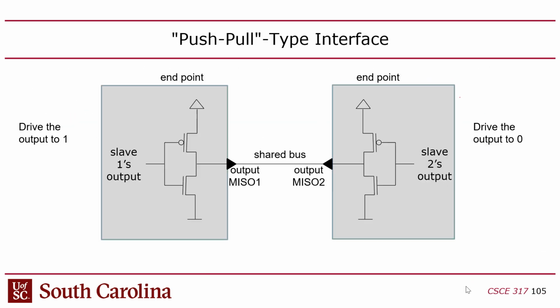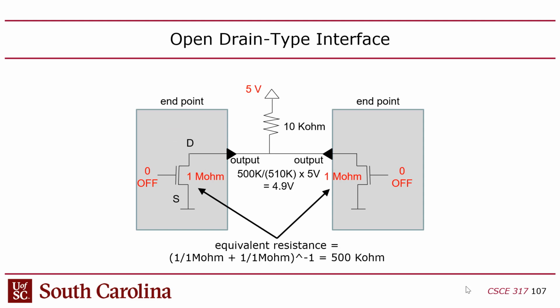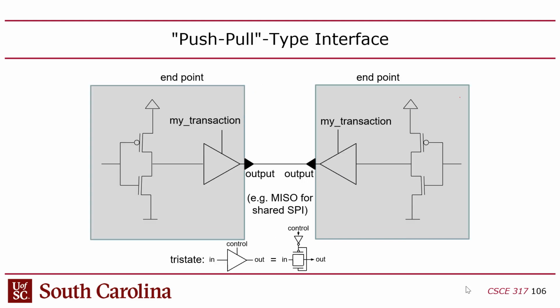Okay, then we talked about the push-pull versus the open-drain interface. The objective of open drain is mainly protection when allowing multiple devices to drive the same wire, so that's needed for multi-mastership, unless you have tri-state buffers.